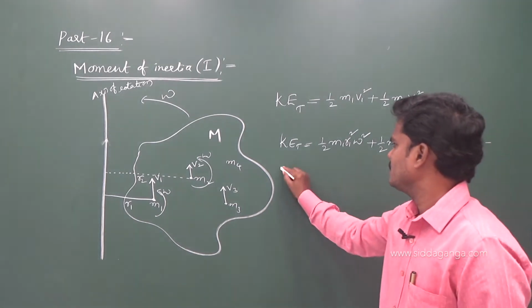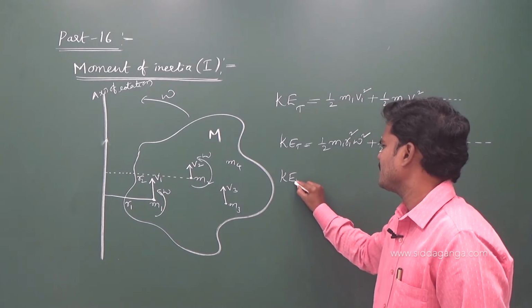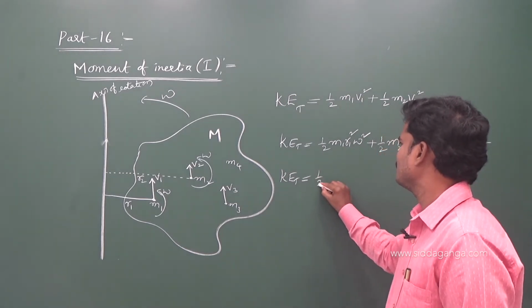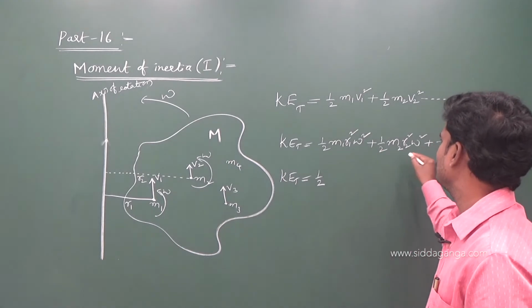The total kinetic energy we can write as half m1 r1 square omega square plus half m2 r2 square omega square.